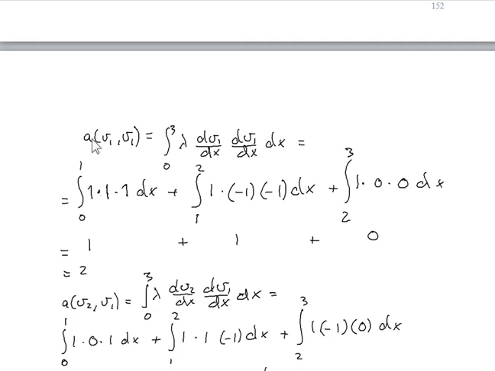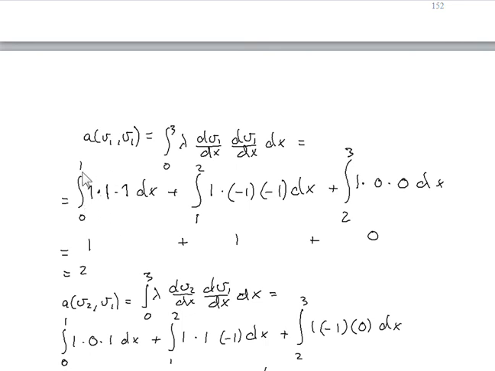We know the bilinear form, and let's start with finding the value of A(v1, v1). We take the integral over omega, which is from 0 to 3, and this interval is too large in some sense to integrate, so we have to split this integral into 3 integrals and add them.